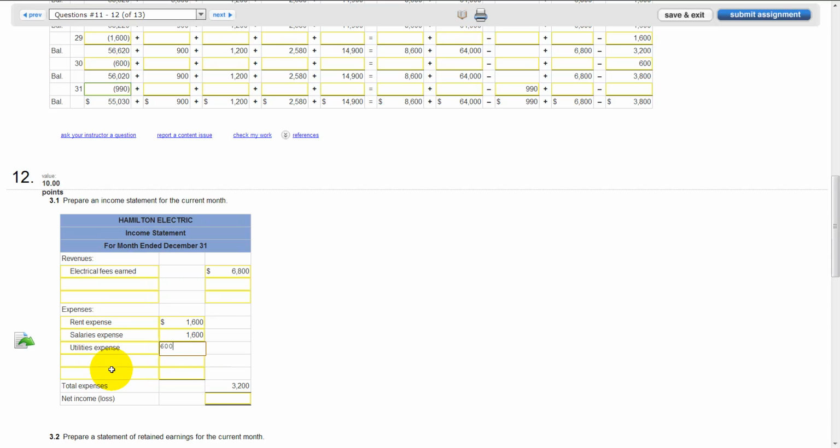600. So automatically you notice how it's indented away from the revenue, and then it puts a subtotal of the expenses here. Now it's my job to take the difference between the revenue and the expenses. You know what? I cannot do that in my head.